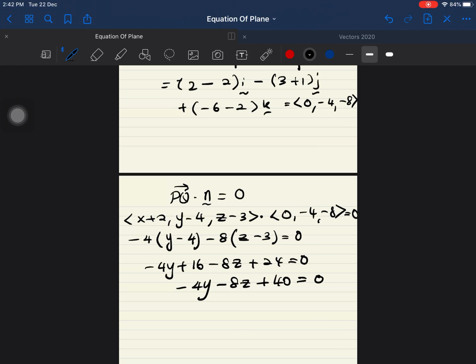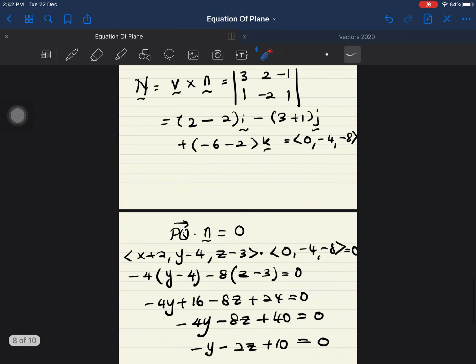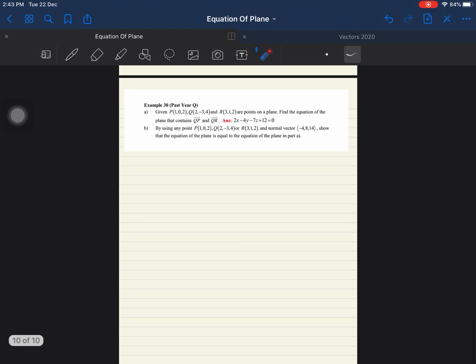So if you want to simplify this one, so you will have -y minus 2z plus 10 equals to 0. Okay, but if your cross product, you buat n cross V, so kat sini you akan dapat (0, 4, 8). So apa jadi dekat sini? Your equation of the plane will be y plus 2z minus 10. So mana-mana pun acceptable.